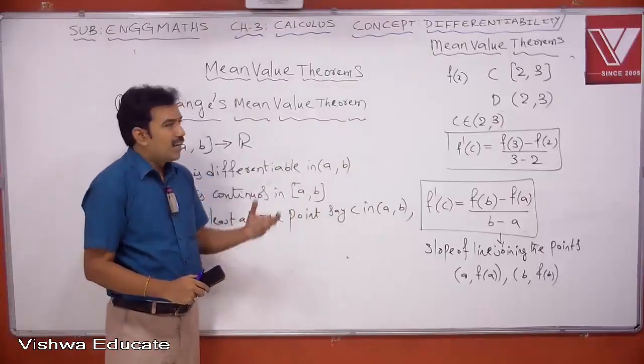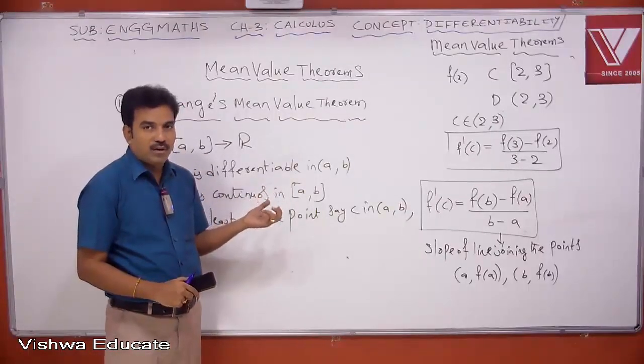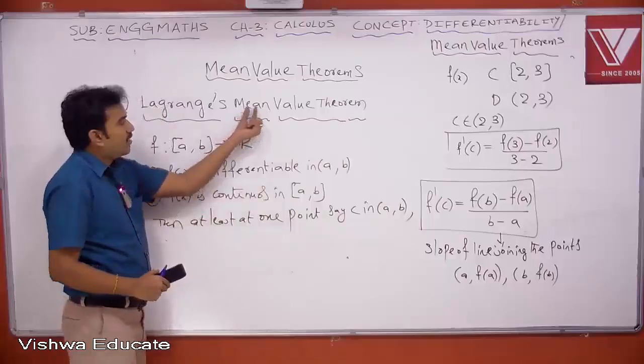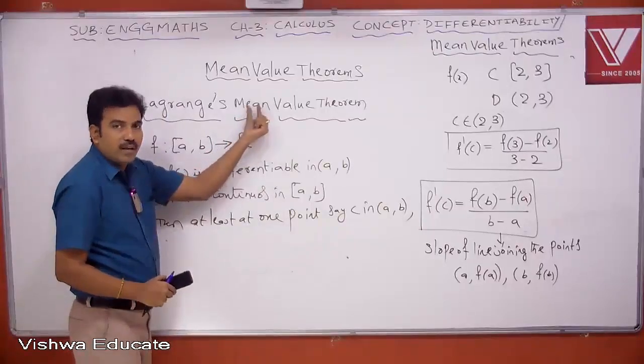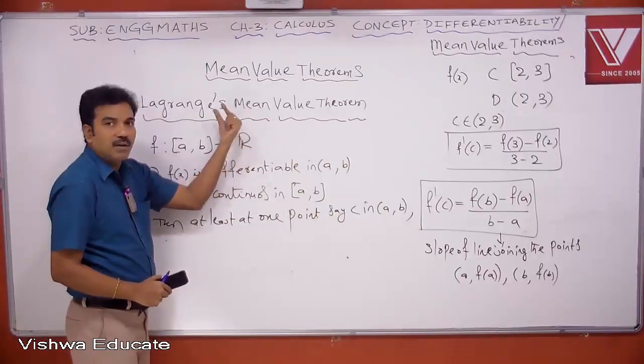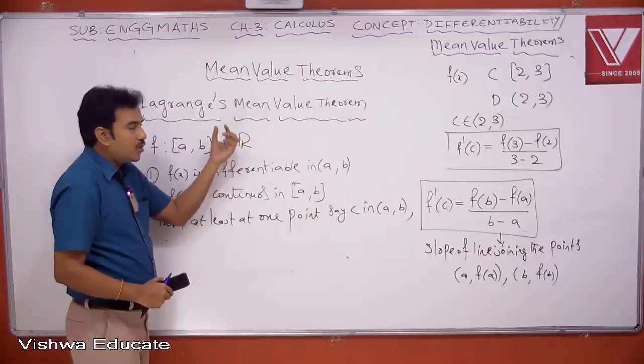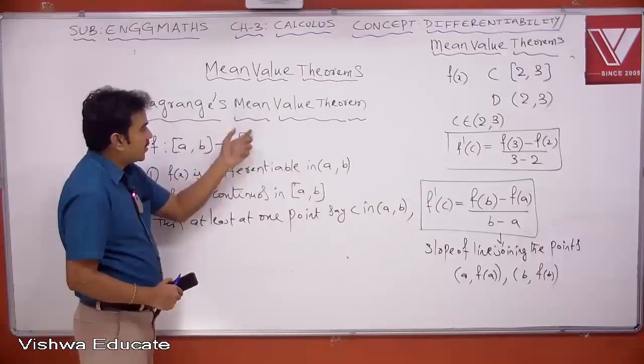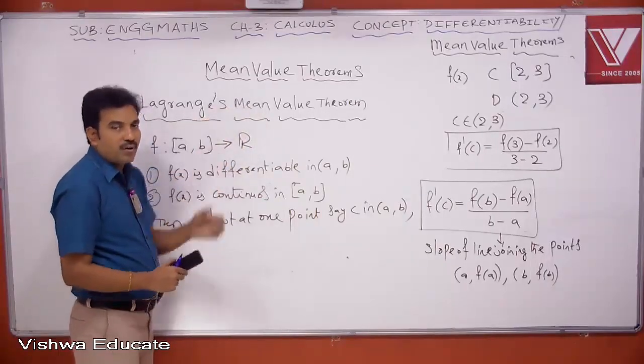Okay. Now we discuss examples. Once we go through examples, you can understand why they are called mean value theorems. Basically, mean is nothing but midpoint or average. So you can understand easily by discussing a few examples.